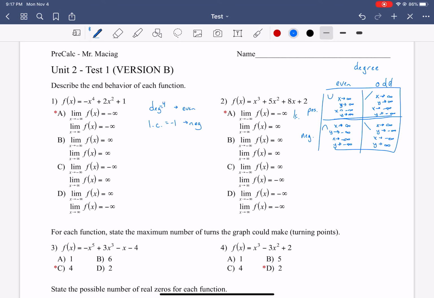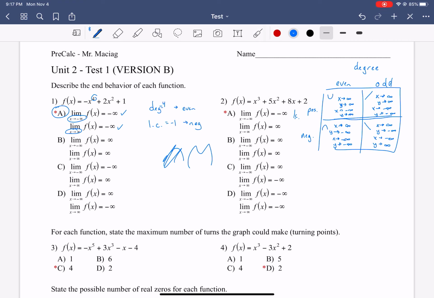It's going to act like a parabola that's upside down, even though it's degree 4, so it probably is going to have some humps in there like that. As x goes to infinity, y is going to go to negative infinity. As x goes to negative infinity, y goes to negative infinity. So this checks out, and that's why A is the correct answer.